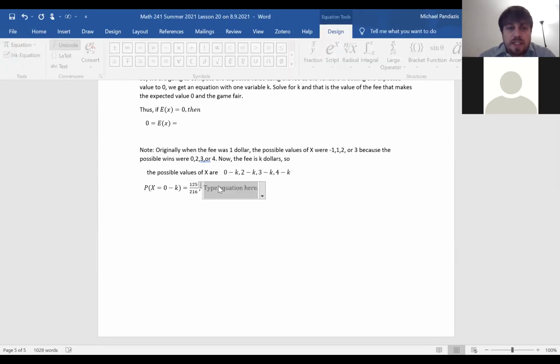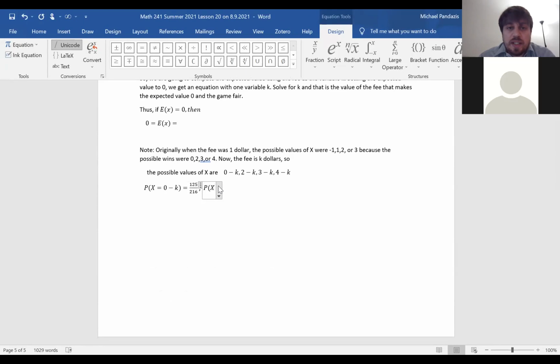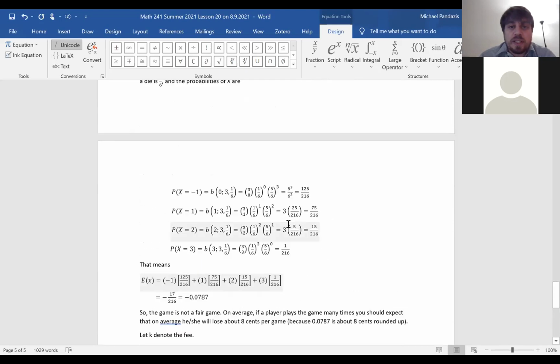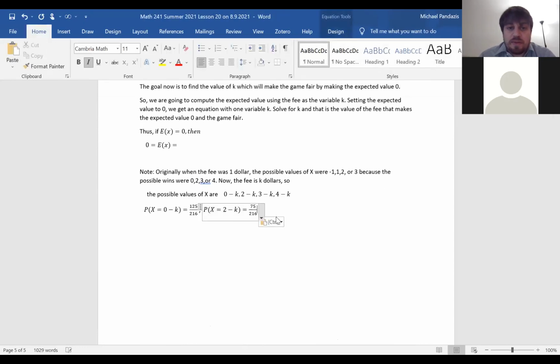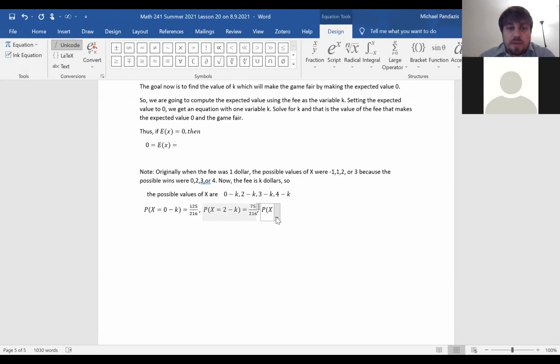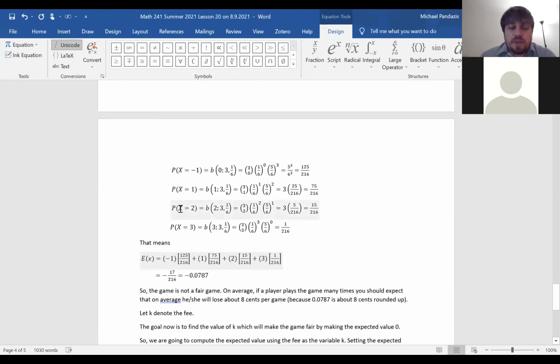The probability that X is equal to 2 minus K corresponds with the probability that X equals 1 when the fee was 1. So that's going to be 75 over 216. The probability that X equals 3 minus K corresponds with the probability that X equals 2 when the fee was 1, which is 15 over 216.